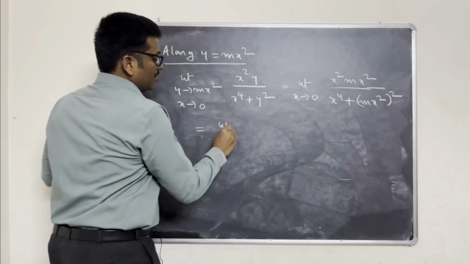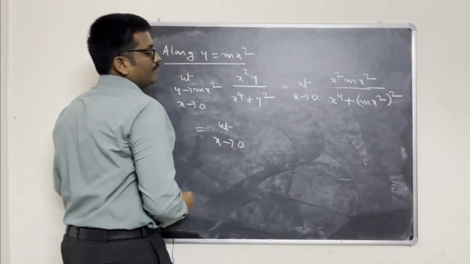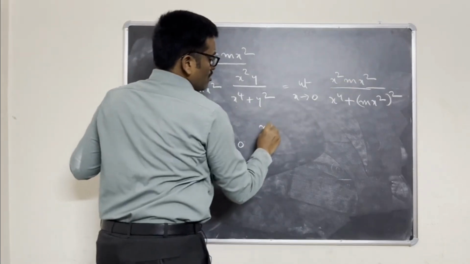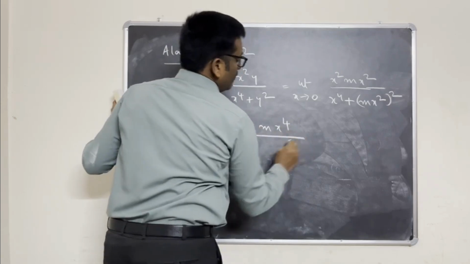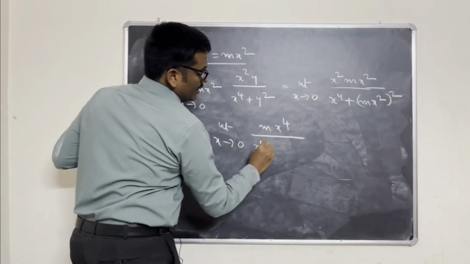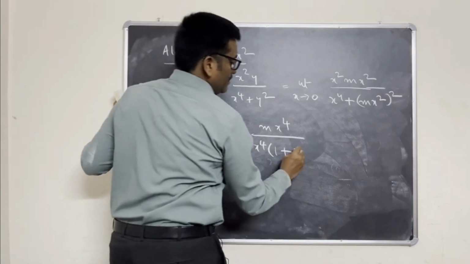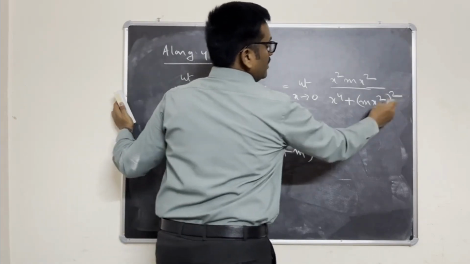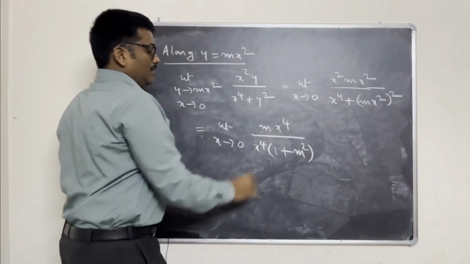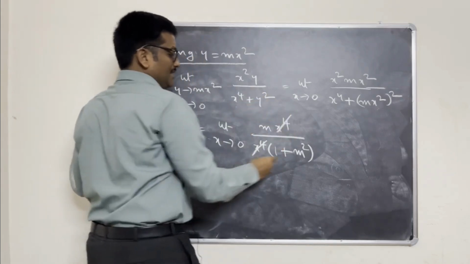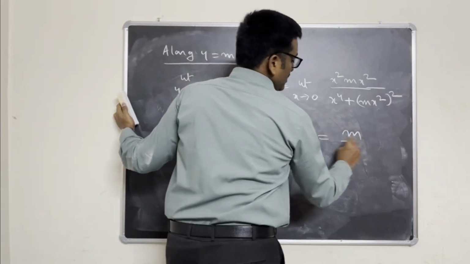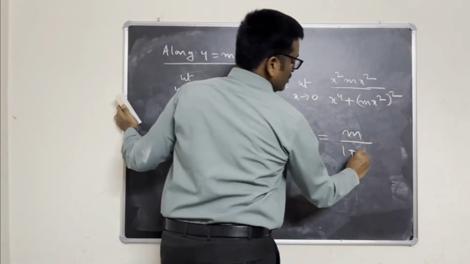So limit x tends to 0, m into x power 4 by x power 4 if we take common, we obtain 1 plus m square. Here also we have x power 4. So this x power 4 will get cancelled. We got this value is m by 1 plus m square.